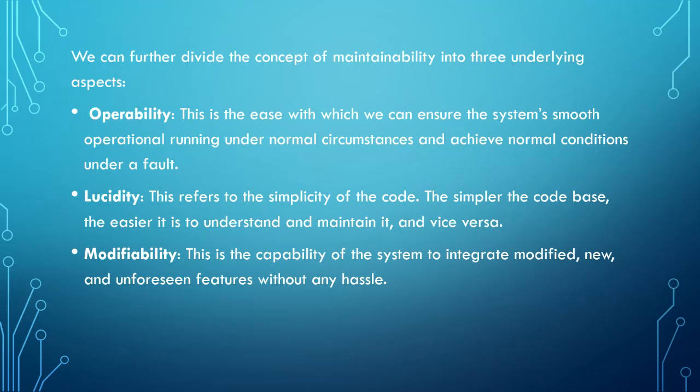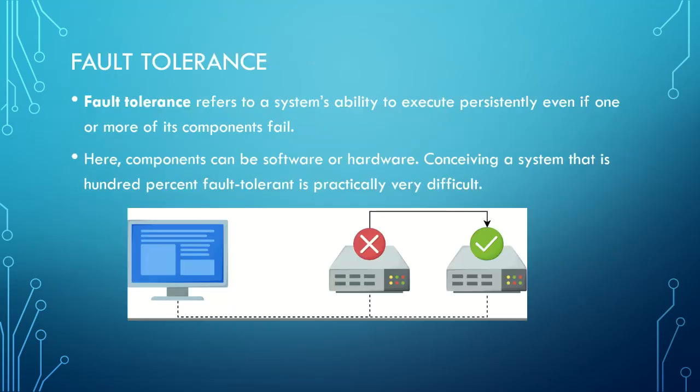Suppose we have a system and we are planning to bring in a queuing system or a notification service, or a cache, or add any component into the platform. This comes under modifiability. So maintainability can be further divided into operability, lucidity, and modifiability.